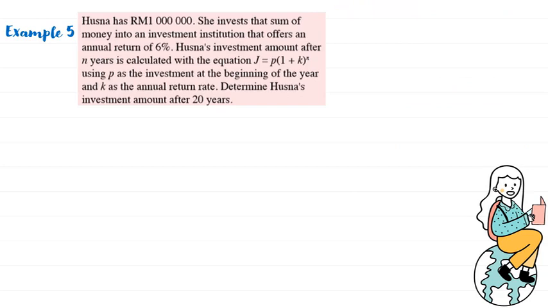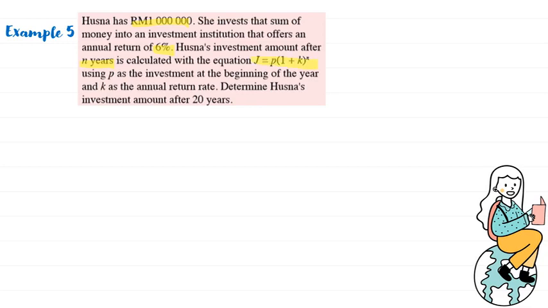Okay, next we move to example 5, the last example for solving problem questions. Husna has 1 million. She invested a sum of money into an investment institution that offers an annual return of 6%. Husna's investment amount after n years is calculated with the equation.